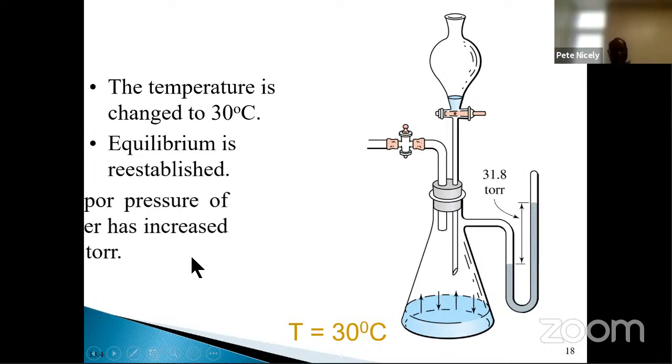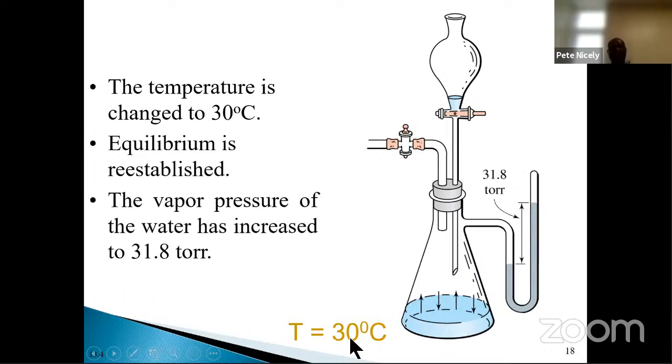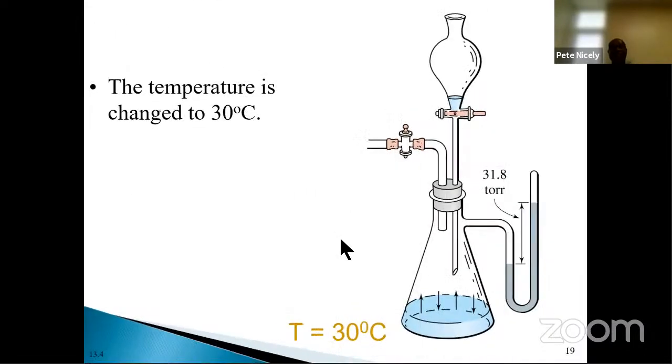So the temperature was increased to 30 degrees and the resulting vapor pressure would have increased to 31.8 torr. And this is basically a pattern that is observed for all liquids. When you increase the temperature of the liquid, the result will also be an increase in the vapor pressure exerted by the liquid, all right?